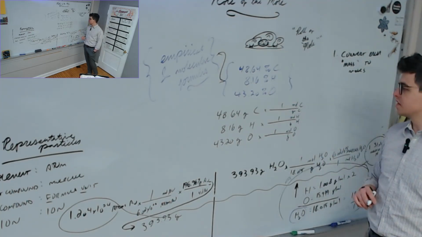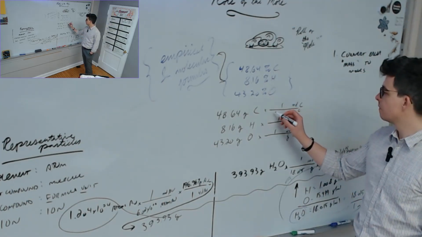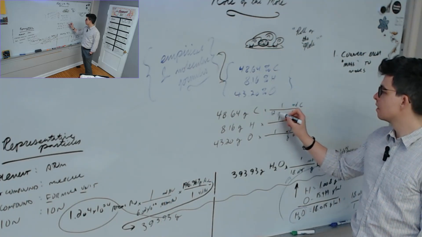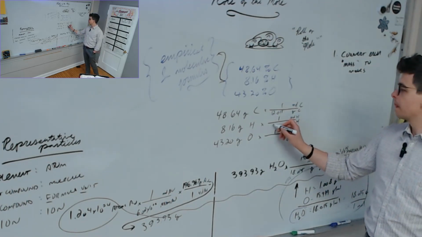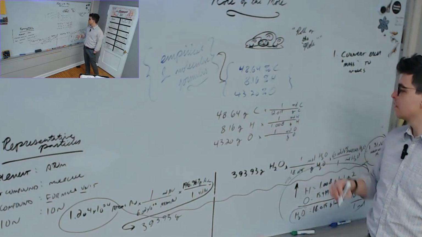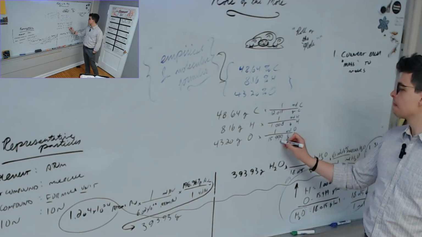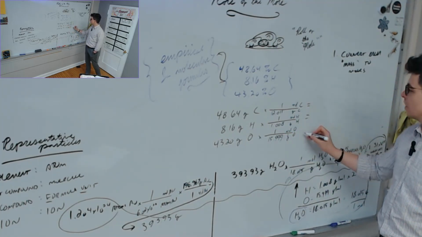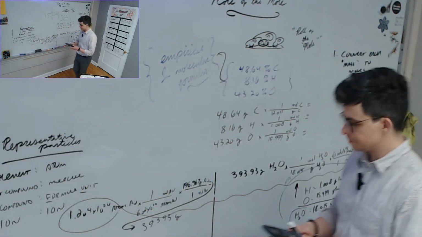What is the mass of 1 mole of carbon? 12.011. What about for hydrogen? 1.008. What about for oxygen? 15.999. Each of those we calculate with what? Our handy dandy calculator.